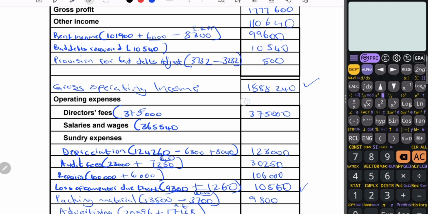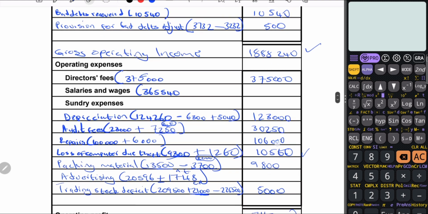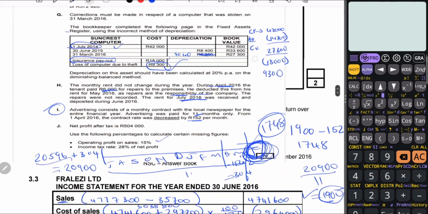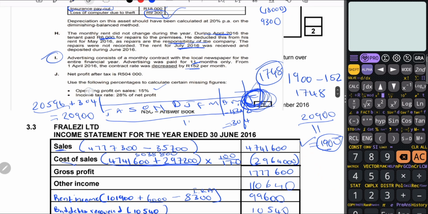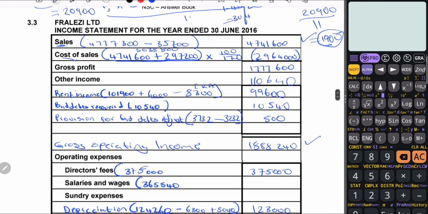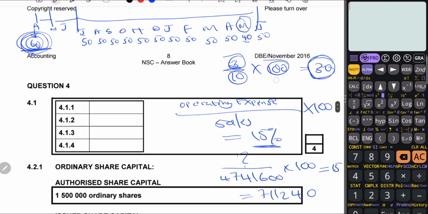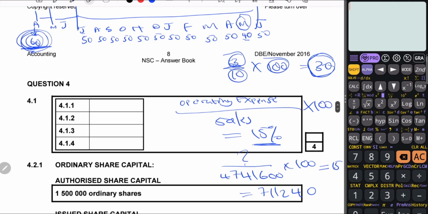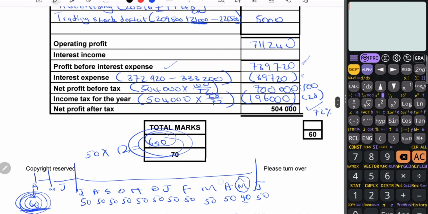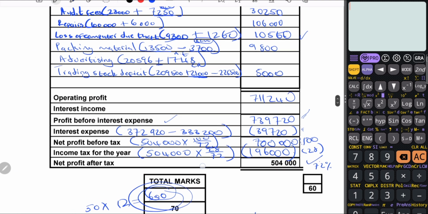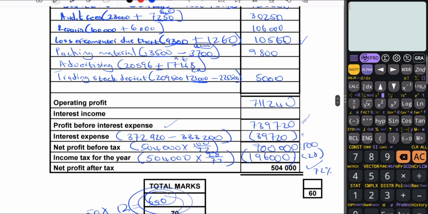This was not other operating expense. When we check our ratio, it was our operating profit. Then I need to go back now and change this one. I thought it's an operating expense. No, it's an operating profit, this one. Then my operating profit now is 711,240.